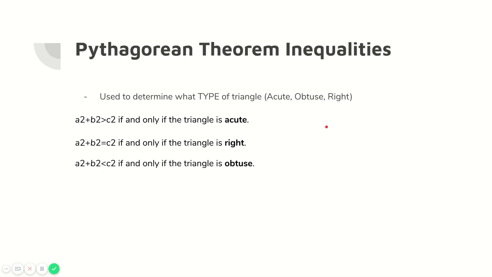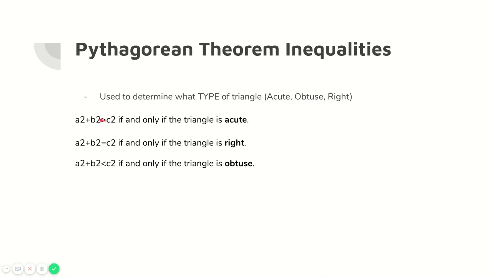And lastly, we're going to be talking about Pythagorean theorem inequalities. This is just important to note for future usefulness. This can be used to determine what type of triangle it is, whether it's an acute, obtuse, or right angle triangle.